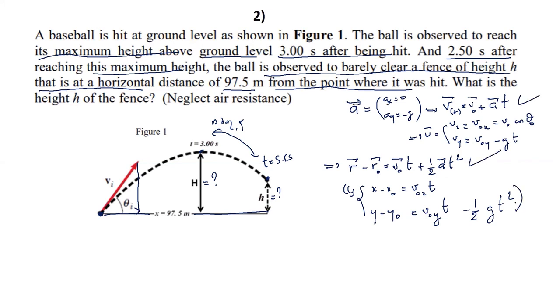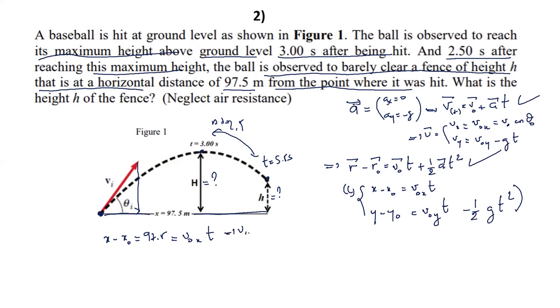It means this. Okay. Now let me translate the data of the problem. So the first data I can use is this horizontal distance here. I said here that x minus x naught is equal to 97.5. So this will be equal to V naught x multiplied by t. And I know the time. The time is 5.5.